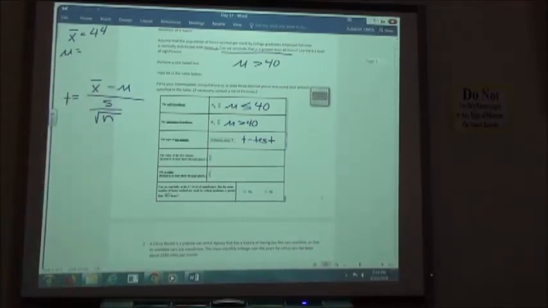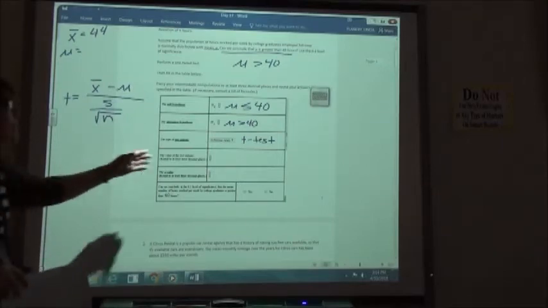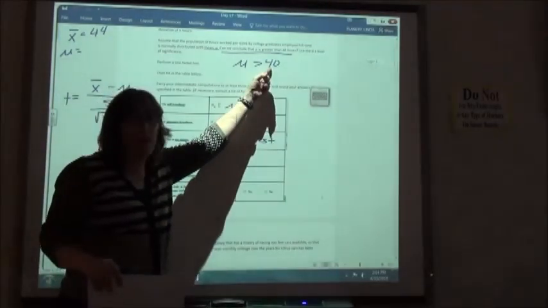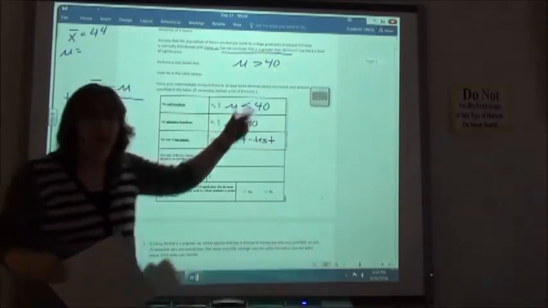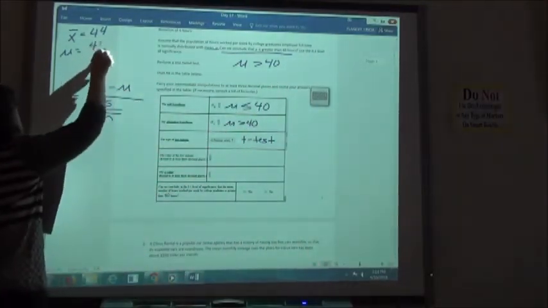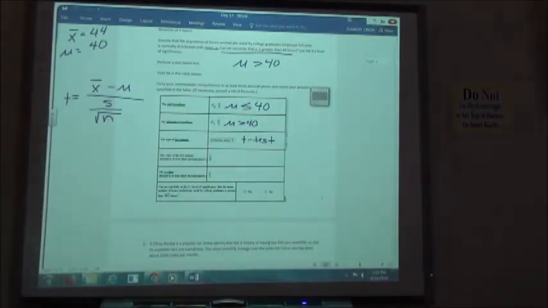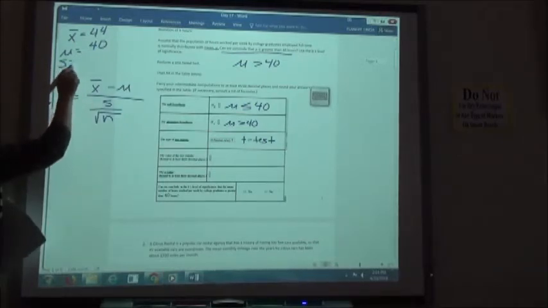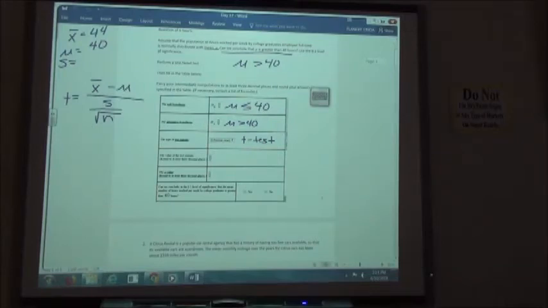Then we're going to do the mean from the population, which is what we're actually going to be estimating. And that'll be this number here that we're trying to compare it to. Is the mean really 40 hours? Then the s is your sample standard deviation. The sample standard deviation is how many hours? 9.